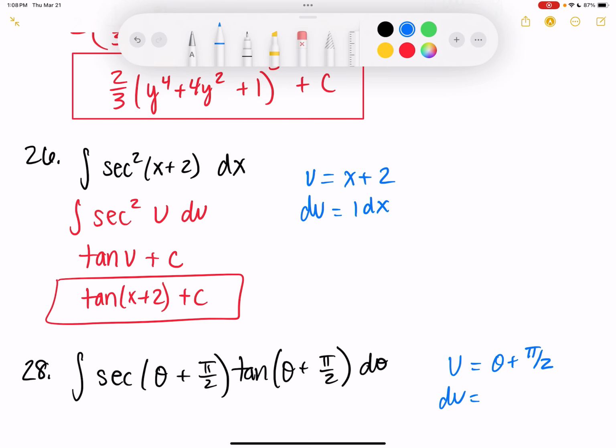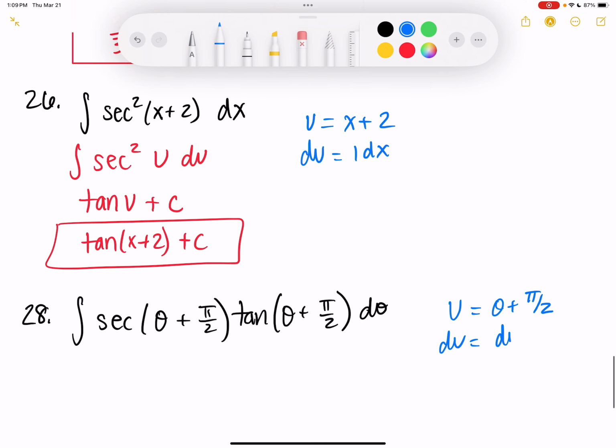Oh, d theta. So du would just be d theta, because the derivative of theta is 1, but you don't need to write the 1. Pi is not a variable. Pi is a number. Forever and always, pi is a number.